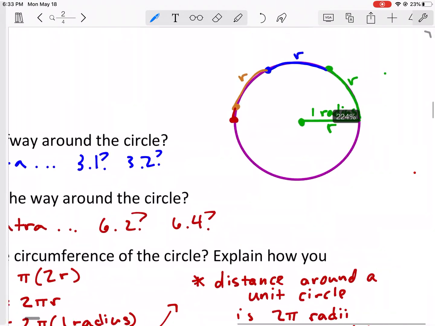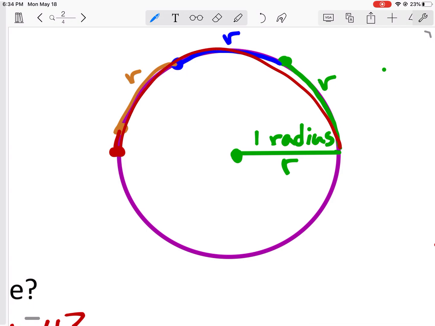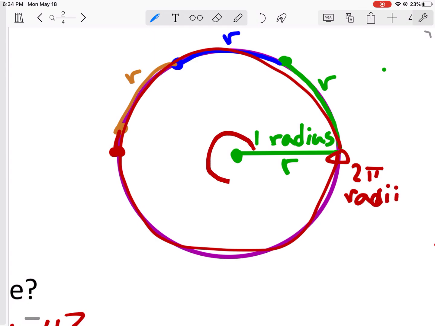So like we went 2 pi radians all the way around this circle. 2 pi radii was the distance all the way around. Well, this angle of rotation inside, theta, is equal to 2 pi radians.